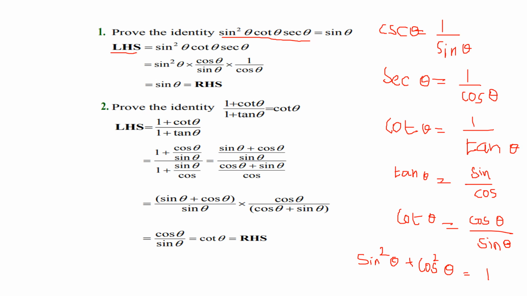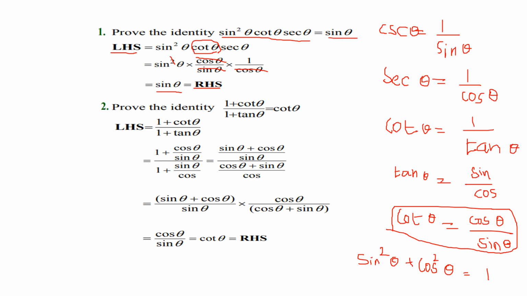And you can replace cot theta by cos theta divided by sine theta. We know the rule. What is cot theta? It is cos theta divided by sine theta. So you can replace it here, and cancel this cos theta, and one sine theta gets cancelled. So the answer will be sine theta. This is what we have on the right side. So RHS we proved. That's it.